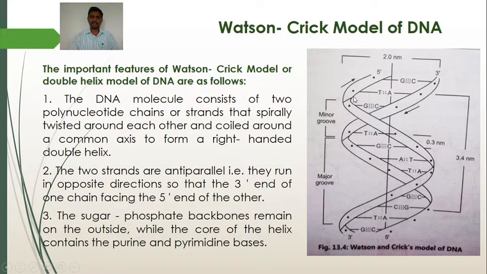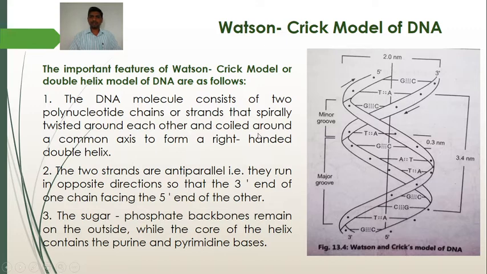One polynucleotide chain, that we say is one strand, runs in 5' to 3' direction, while its complementary strand runs in 3' to 5' direction. So both the strands of the DNA are anti-parallel to each other. The two strands are held together by means of hydrogen bonds between the nitrogen bases.